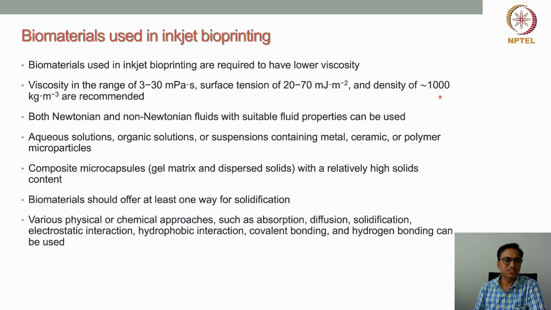So these are the recommended values for a biomaterial or pharmaceutical formulation to be used for inkjet 3D printing technology. But inkjet printing is a quite versatile technology. Both Newtonian and non-Newtonian fluids, of course with suitable fluid properties, can be used.